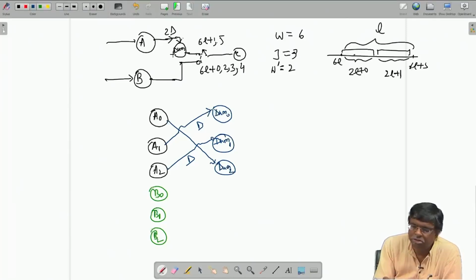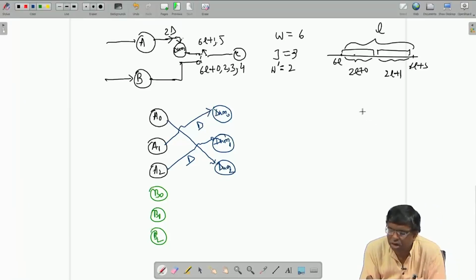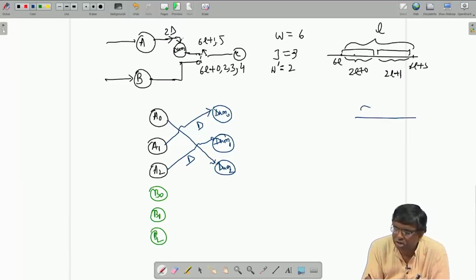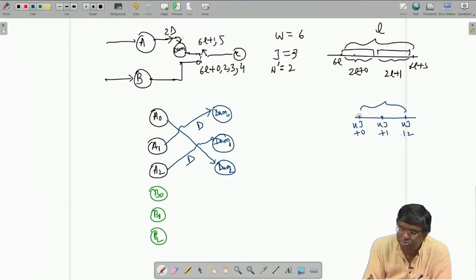So, 3 bits, it is unfolded by 3. Just to remind you, we had this situation of unfolding. Remember this thing in unfolding, Kj plus 0, Kj plus 1, Kj plus 2. If you go to the right by 2, from 0 you go to 2.